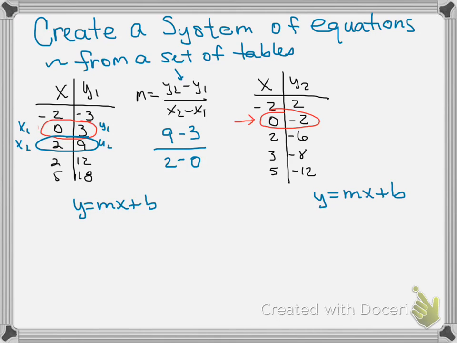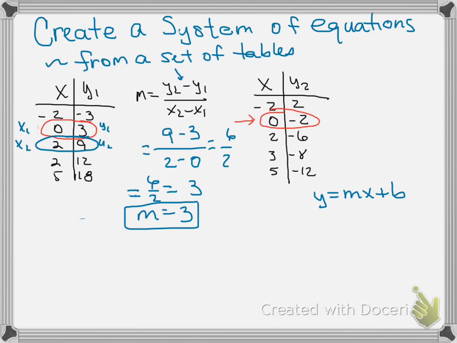So if we look at this, 9 minus 3 is 6 over 2, and 6 over 2 is 3. So my slope is 3.